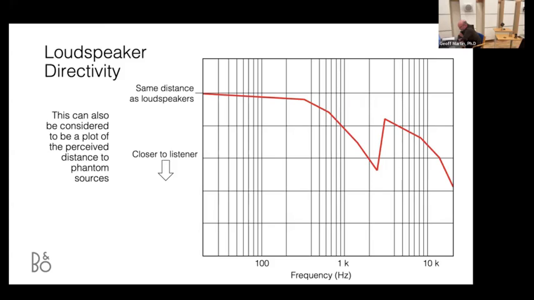With a loudspeaker that has this characteristic, you'll notice that the voice starts pulling apart in terms of distance, meaning that the fundamental of the voice in the low frequencies will sound as far away as the speakers, because you have roughly the same amount of reflected energy as direct energy.